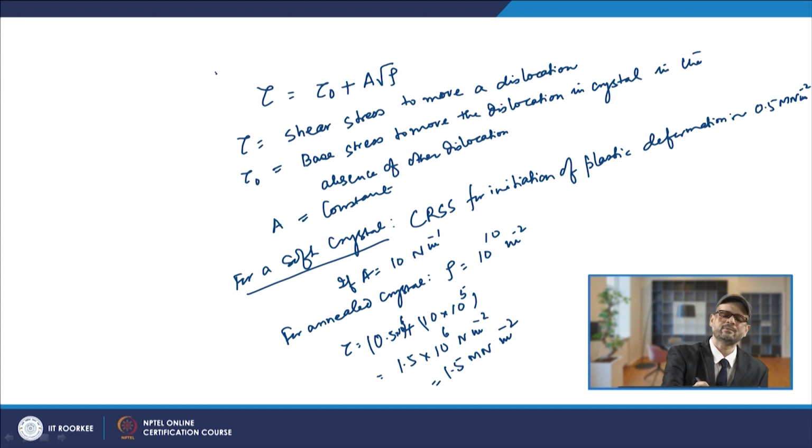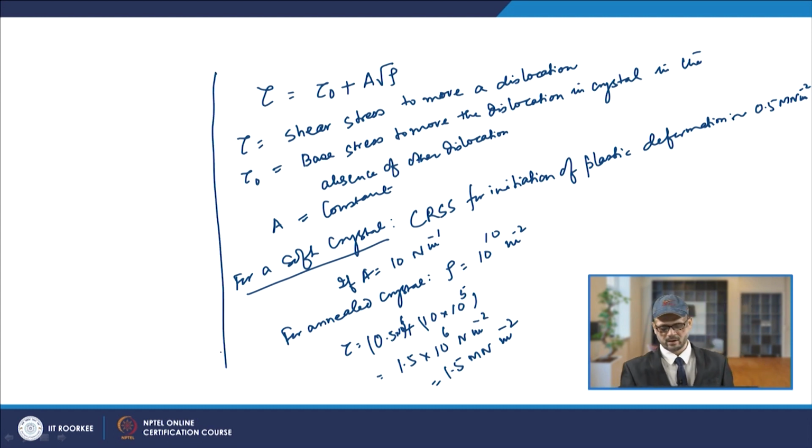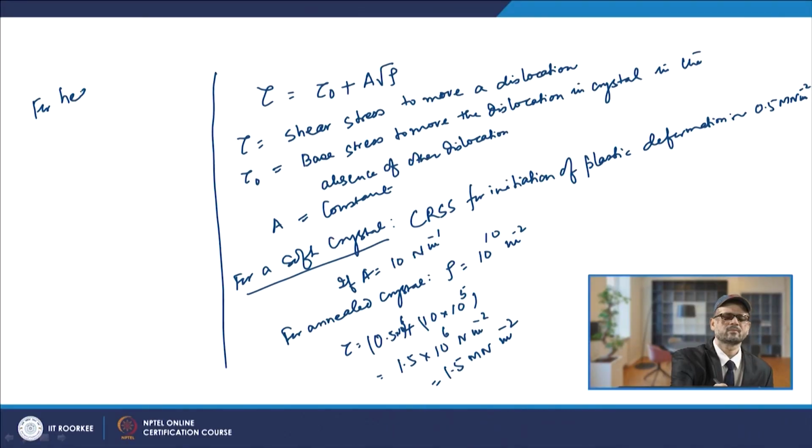If you take a heavily worked crystal, this 10 raised to the power 10 can go up to 10 raised to the power 14 per meter square, or sometimes we talk in terms of per mm square, where it is divided by 10 raised to the power 6. For heavily worked crystals, rho becomes 10 raised to the power 14 per meter square.